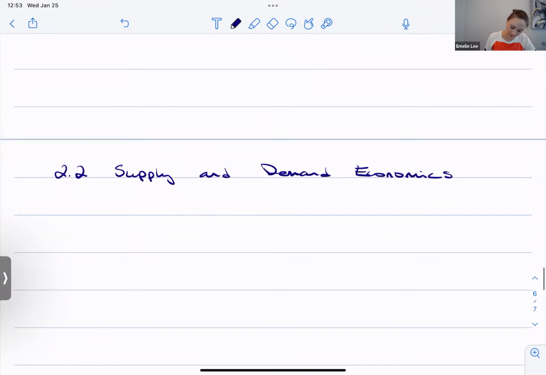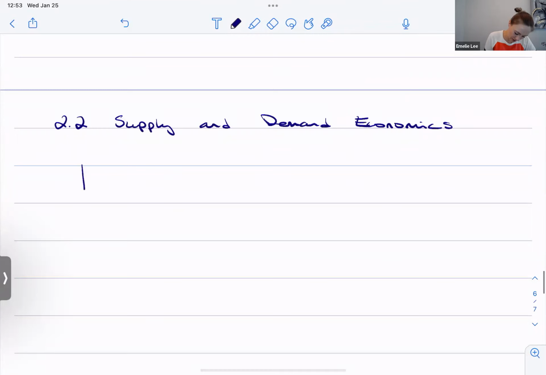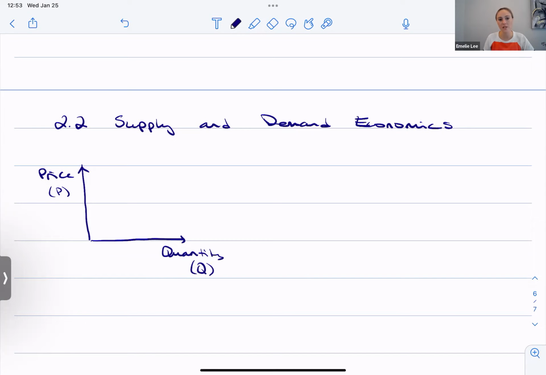So, just in general, we're going to have curves that look like this, where we have price on the y-axis, which we denote by P, and some quantity of some item on the x-axis, which we denote by Q. Okay. Now, the demand curve has a negative slope.